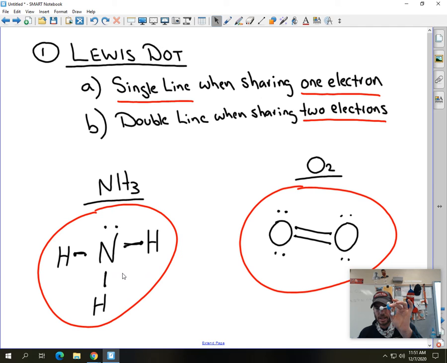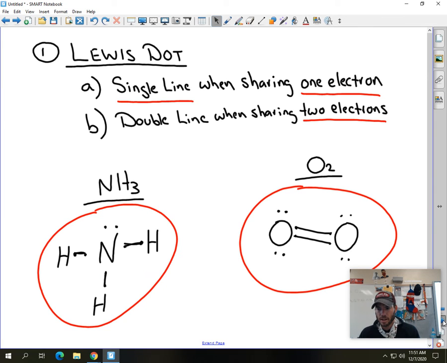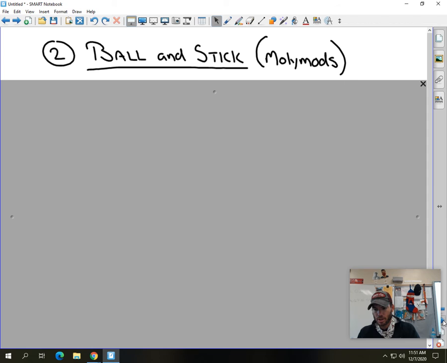It's showing the 1 line connecting them. Now I'll make oxygen real quick. Remember, on the previous screen, we said the oxygen has 2 bonds, or it uses a double line. So that's why when I have my oxygen here, I need 2 lines, which would connect. And just like the Lewis dot, I've made it as a ball and stick structure with the Mollymods.